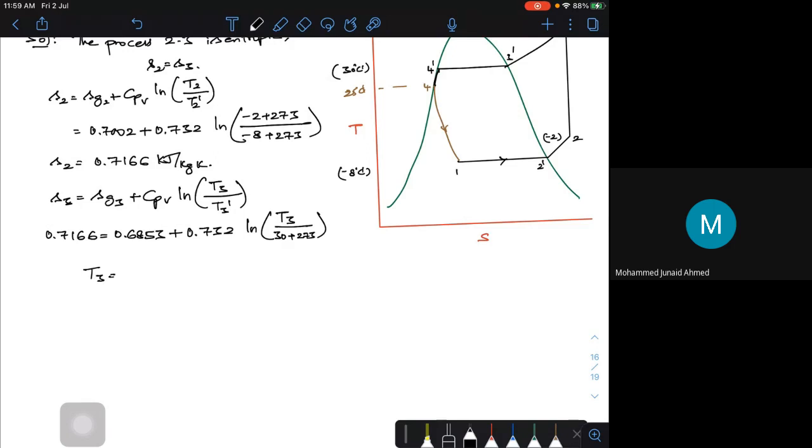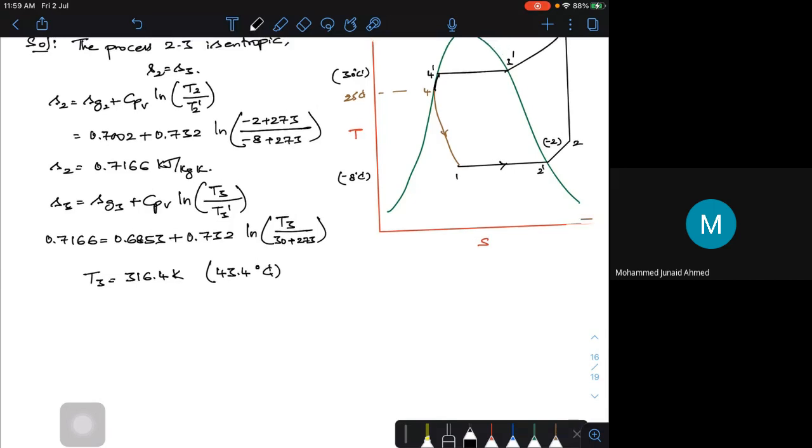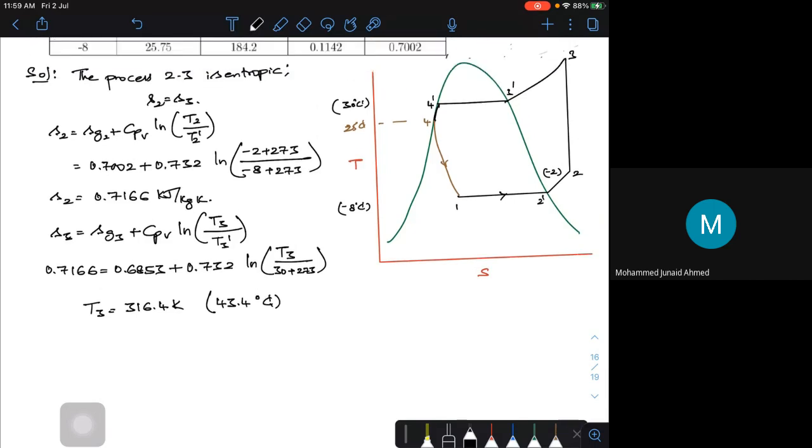I'm getting around 316.4 Kelvin, which is equal to 43.4 degrees Celsius. Delta T is 13.4 degrees Celsius. Are you getting? This is how you are supposed to find your corresponding temperatures.